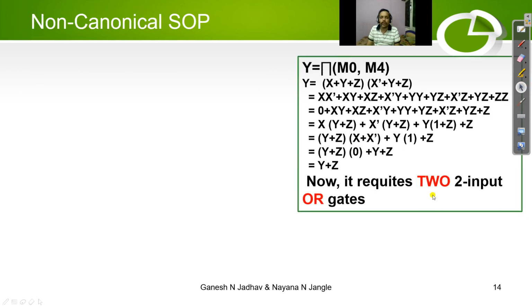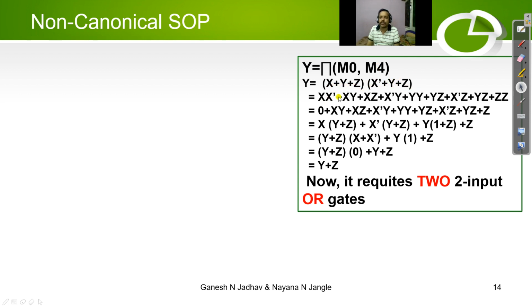Let's see what is the non-canonical form. Let's see the example. Here y is the max terms of M0 and M4. M0 means x plus y plus z and M4 means x dash plus y plus z. So I will multiply this x in this bracket, y in this bracket and z in this bracket.